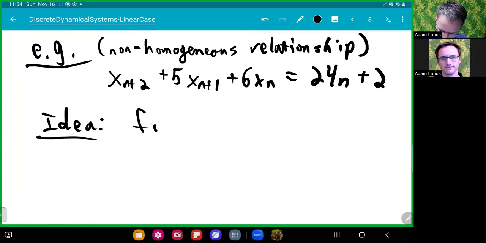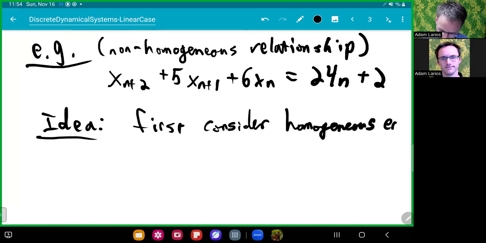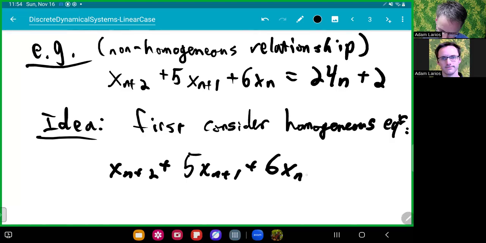So first, consider the homogeneous equation. That is x_{n+2} plus 5x_{n+1} plus 6x_n, but to make it homogeneous, we'll put the right-hand side equal to 0. So notice it's homogeneous because all of this stuff on the right does not contain our unknown x_n.